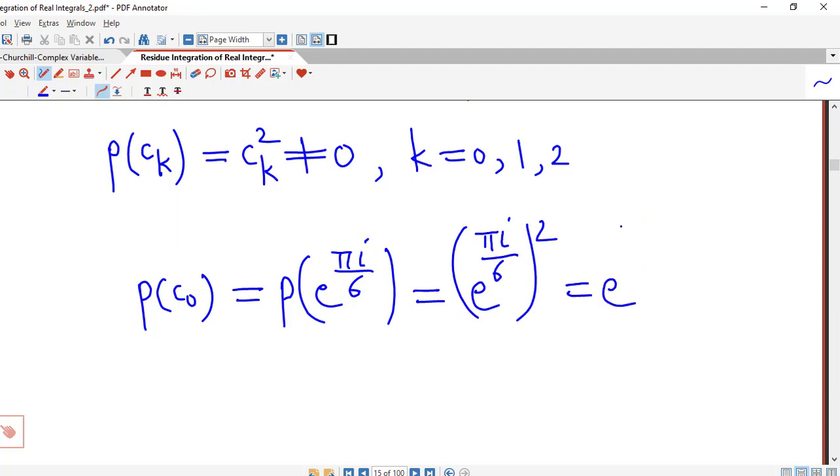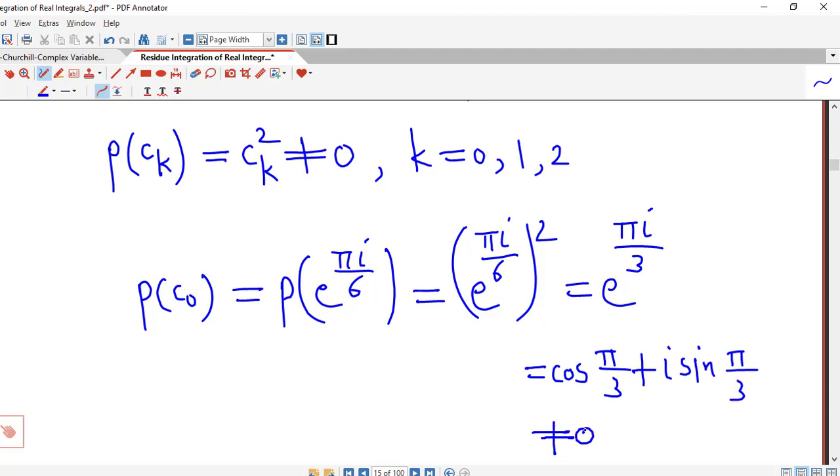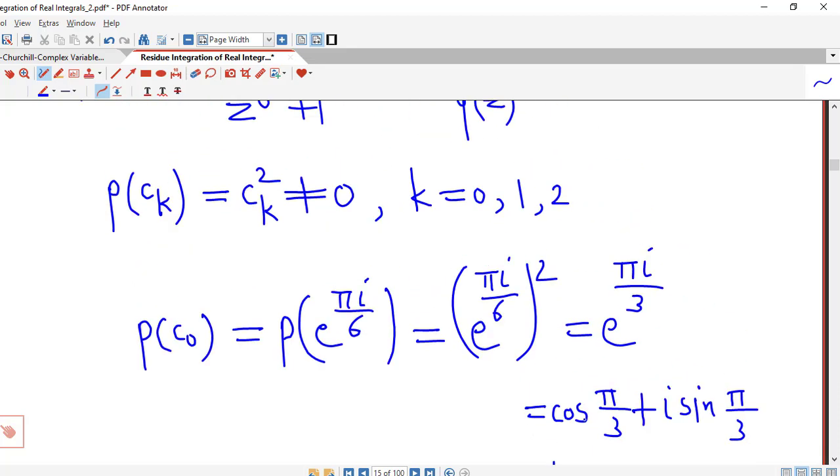So this is going to be e raised to pi I divided by 3, and this is cos pi by 3 plus I sin pi by 3, and this is a non-zero complex number. So similarly we can check that p of c0 is non-zero, p of c1 is non-zero, and p of c2 is non-zero.